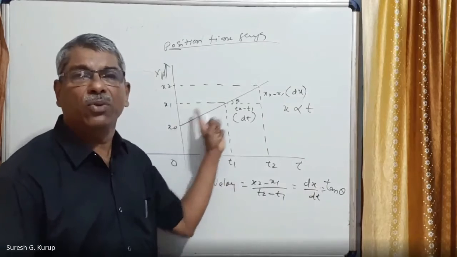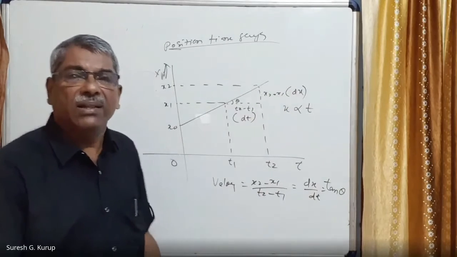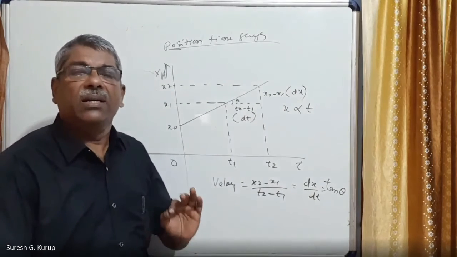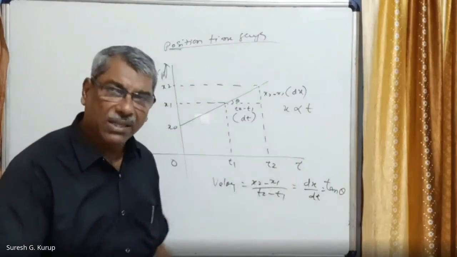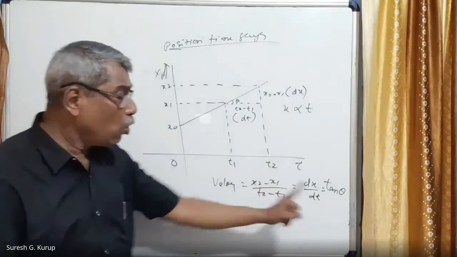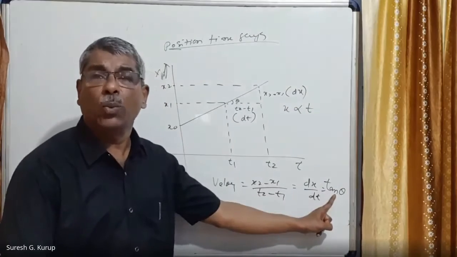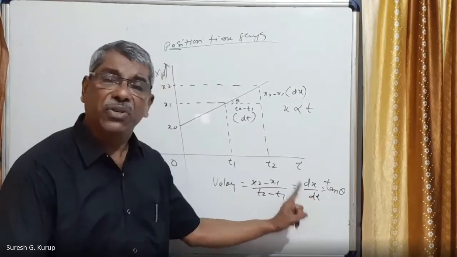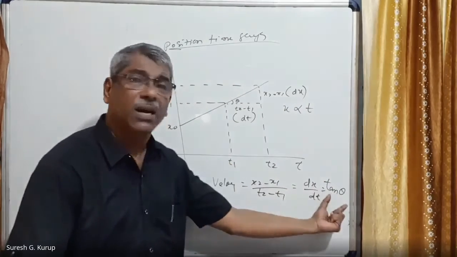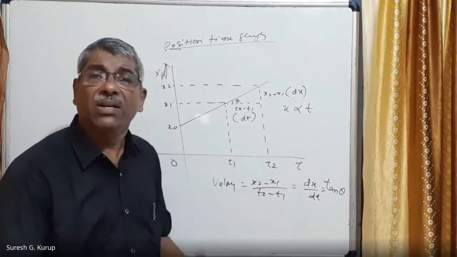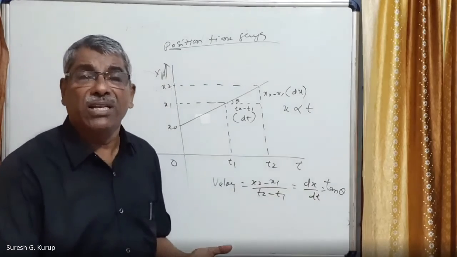When a body moves with uniform velocity, the position time graph will be a straight line inclined to the time axis. Then the slope, tan theta, or the differential coefficient, is also called the slope. The slope of the straight line is equal to tan theta. Tan theta is equal to dx by dt. So the differential coefficient is the slope.